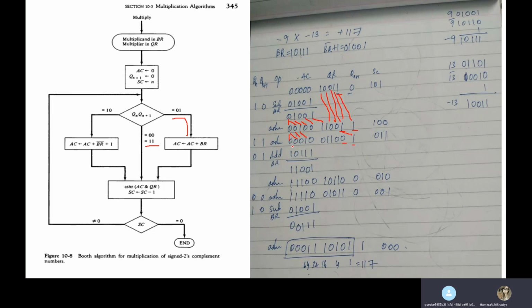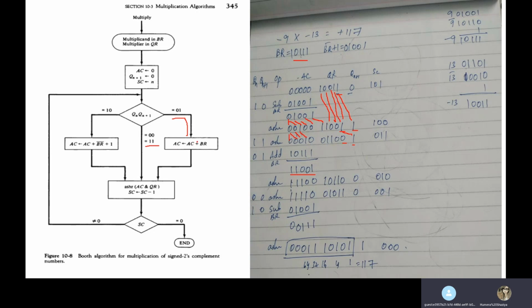Addition on our previous result with the BR. You are putting BR here, and this is our previous result. So both are summed up. After you sum them up, you get this result. 0 plus 1 is 1, 1 plus 1 is 0 carry 1, 1 plus 1 is 0 carry 1, and 1.